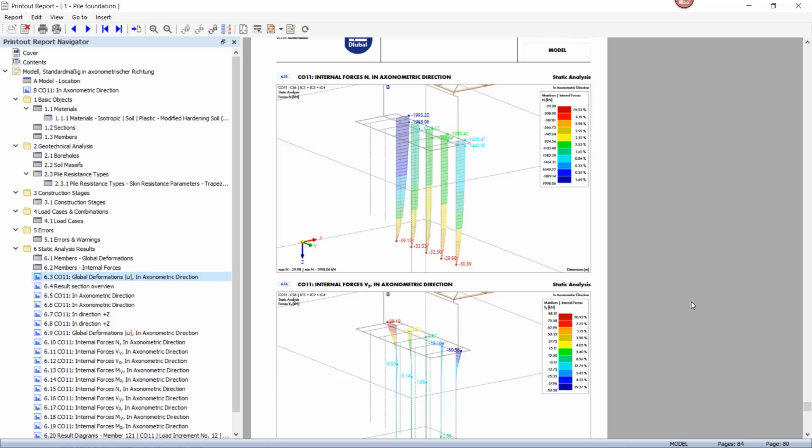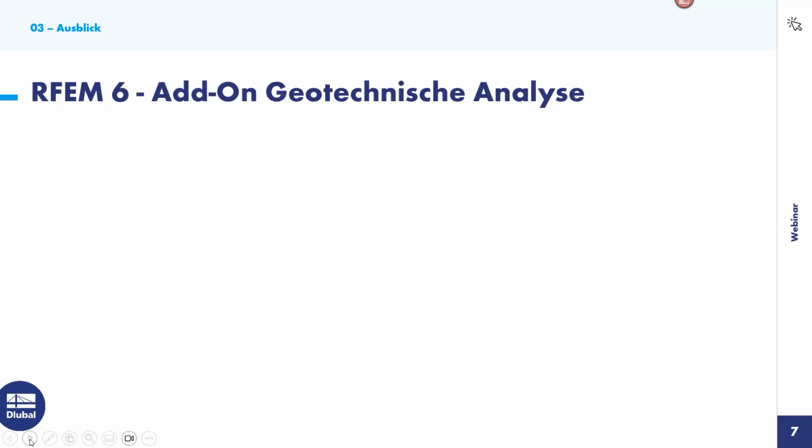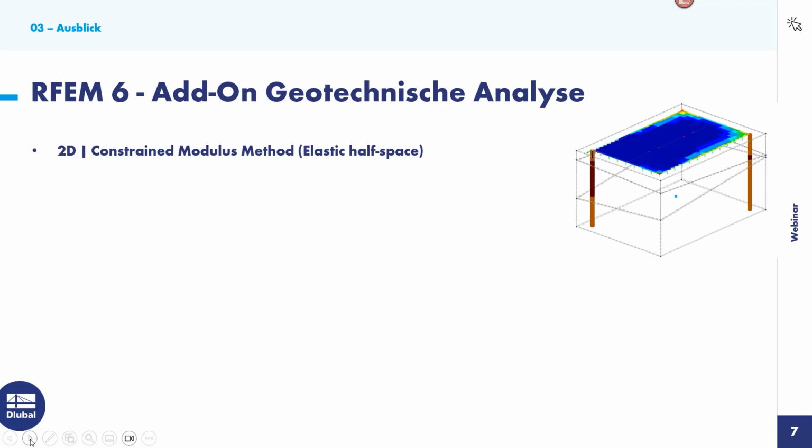I would like to go back to our slides to come to point 3 of this webinar. So now we can come to the next slide. So what are the next steps for us? We are now in the last steps of the 2D constraint modulus method or elastic half space method as an option for the consideration of the soil.